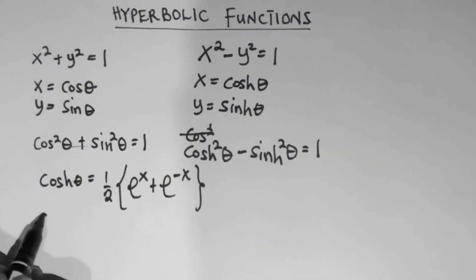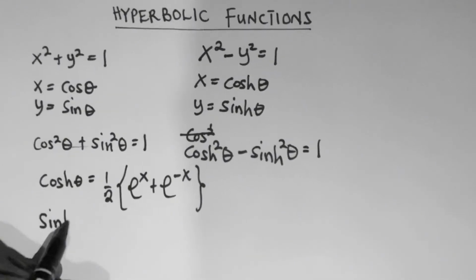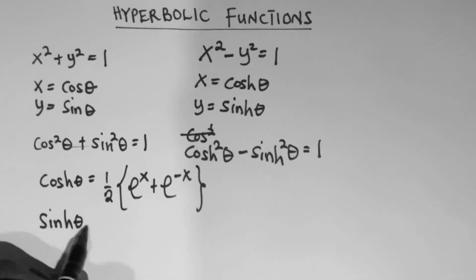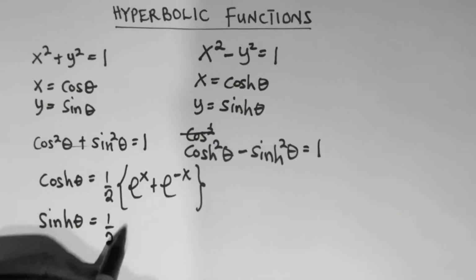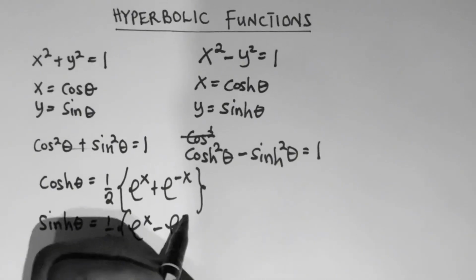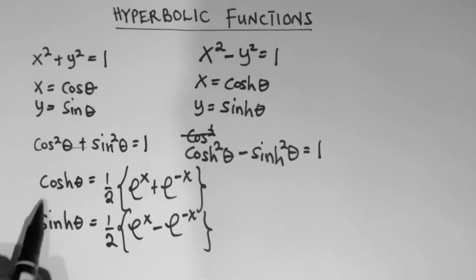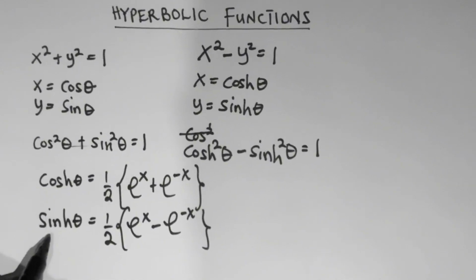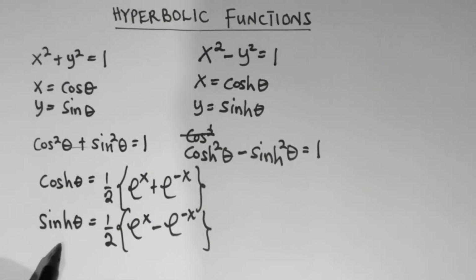Then the hyperbolic sine function, sinh theta, is given as half times the bracket e^x minus e^(-x). Having gotten these two, we can find the hyperbolic tan function.